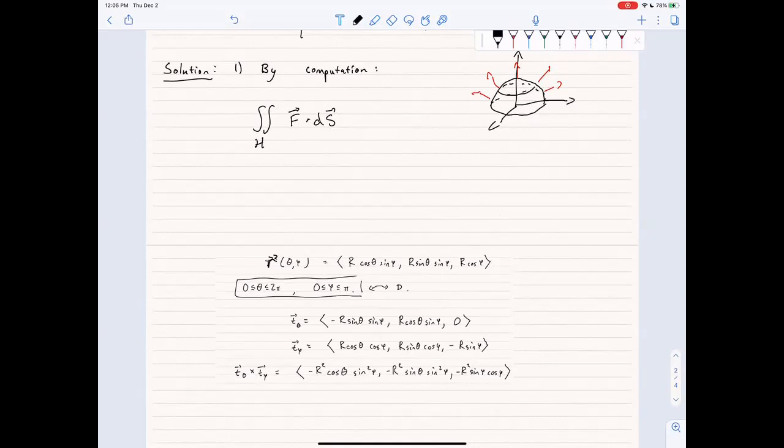What else do I need to change? Am I parametrizing the whole sphere for this problem? No, I'm parametrizing the hemisphere, the upper hemisphere. What else do I need to change in this whole picture here? The bounds. Which bound in particular? Phi. What should I do with phi?